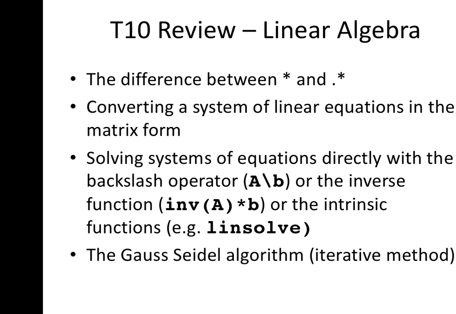And then to talk more about the numerical techniques and the algorithm associated with linear algebra, we went into Gauss-Seidel's algorithm. Remember, Gauss-Seidel is an iterative method, so it does not directly solve for each unknown. That means that sometimes it will not converge.